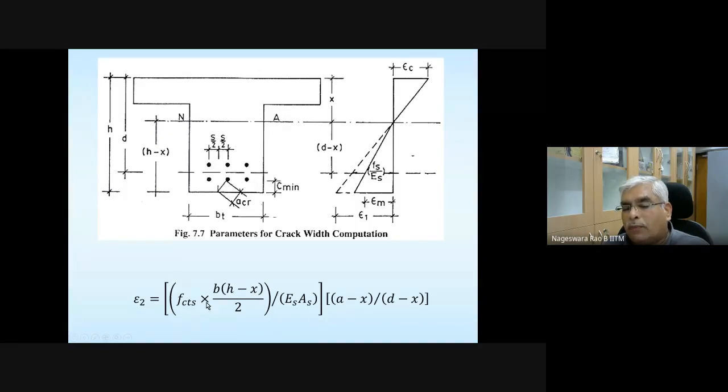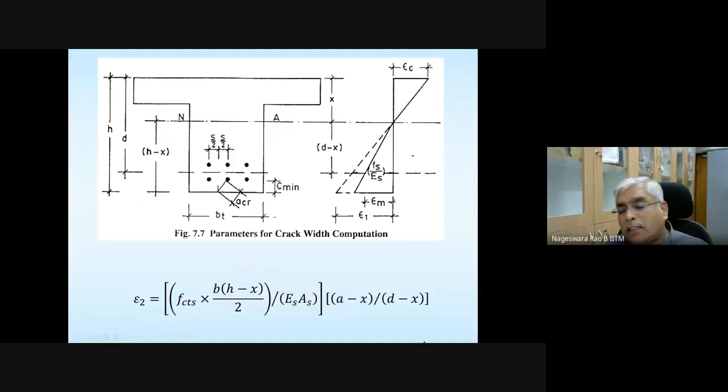So this force divided by the area of steel gives you stress, and divided by Young's modulus of steel gives you strain. That is the strain at the level of the CG of the steel, and then we need to interpolate or extrapolate to the surface. How do you extrapolate to the surface?